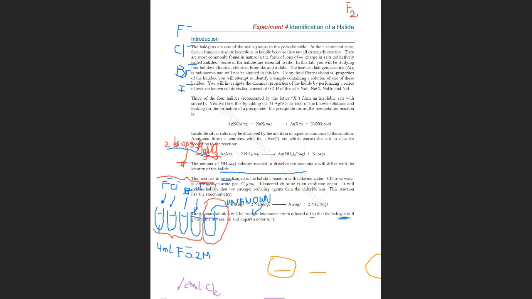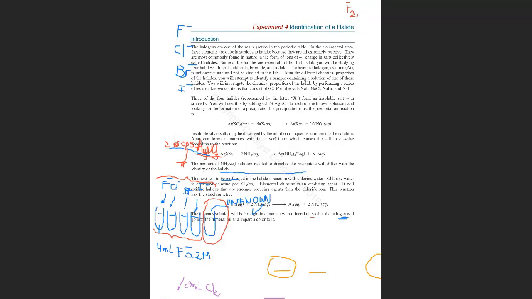So basically, what are we going to see? We said that here we have 2 phases. Where are we going to see a change in color? We just said, who is going to be oxidized? If the X is either bromide or iodine. So when we look at the mineral oil, it has no color.